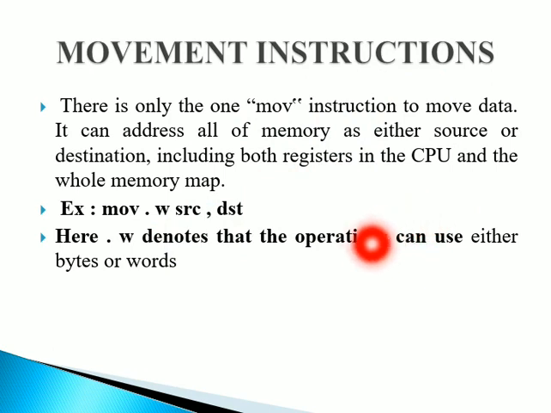It can address all the memory, either as source or destination, including the registers in your CPU and the whole memory map. For example, mov.w source, destination means you are moving the contents of the source to the destination. Here .w denotes that the operations can use either bytes or words.